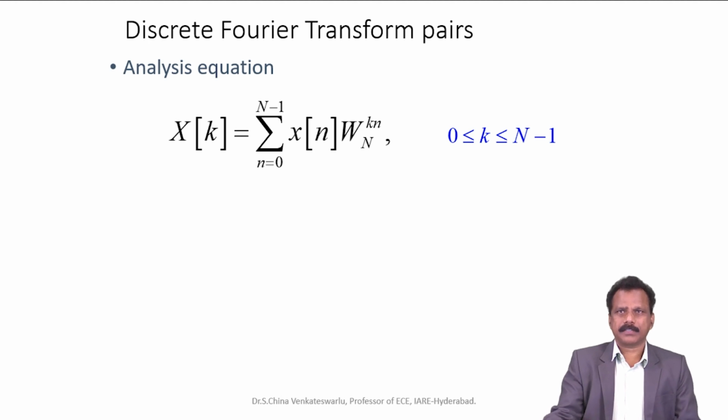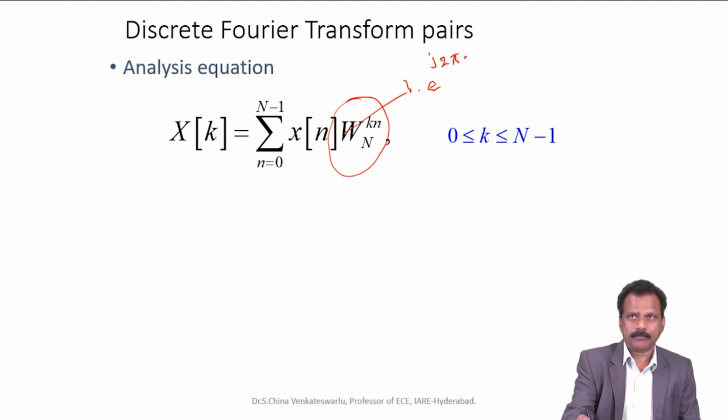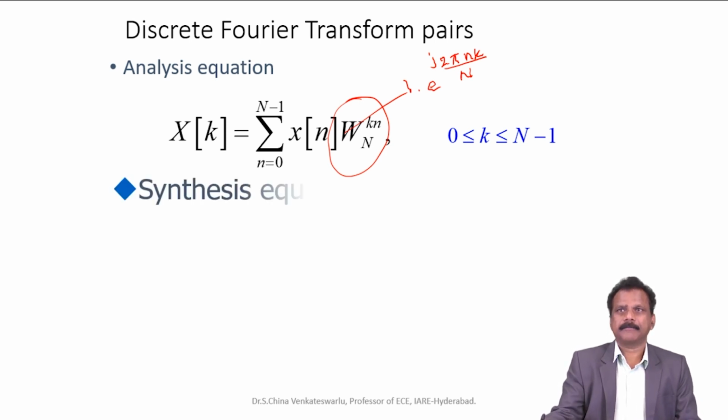If it is the analysis equation, x of k equals the summation n equal to 0 to N minus 1, x of n into the twiddle factor W, which is e power minus j 2 pi nk by capital N, with 0 less than or equal to k less than or equal to N minus 1.